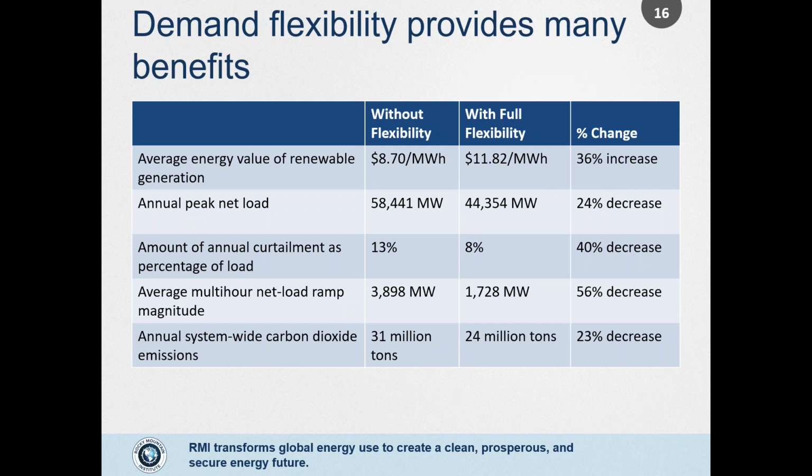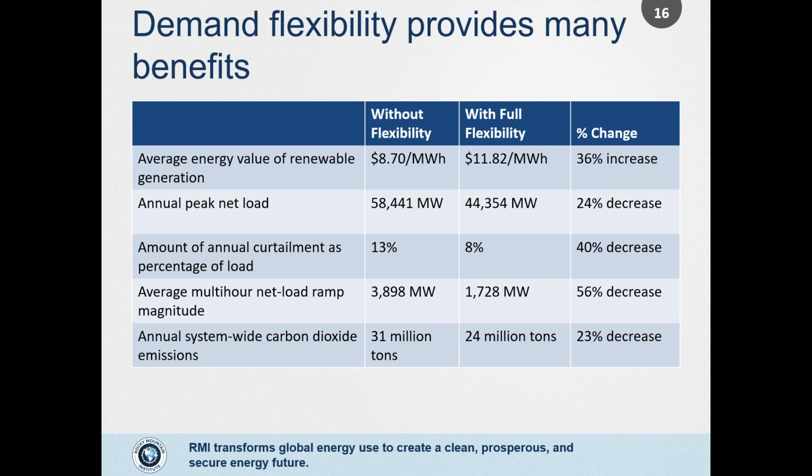Using this same supply curve, we were also able to estimate the change in annual curtailment on the system before and after demand flexibility is implemented. In our analysis, we assumed that renewable energy would be curtailed during the hours of the day when net load drops below 20% of annual energy supply.